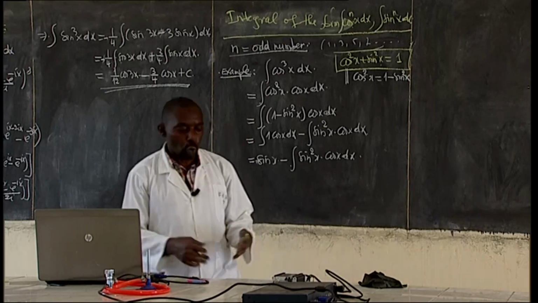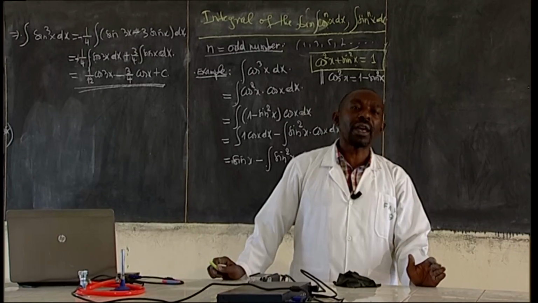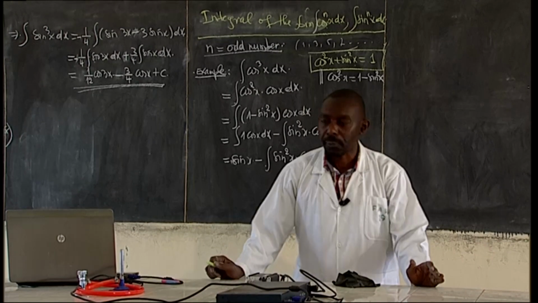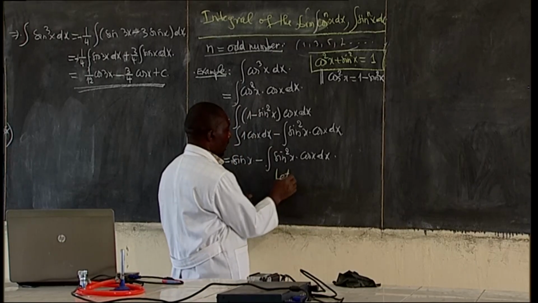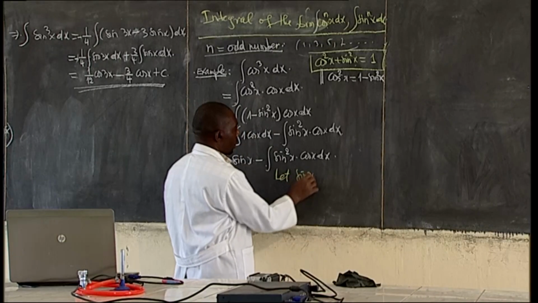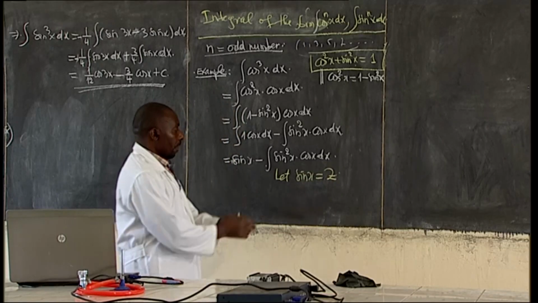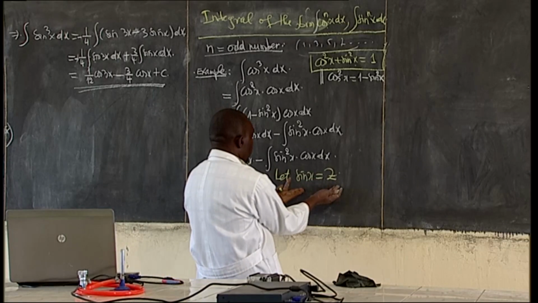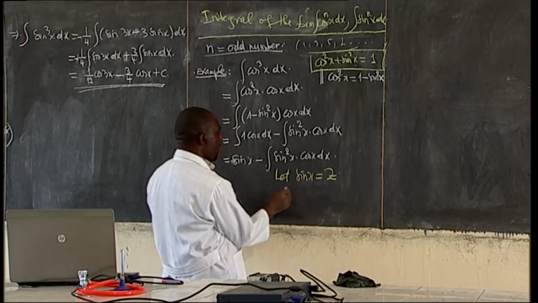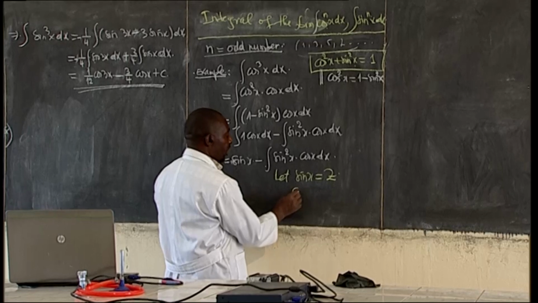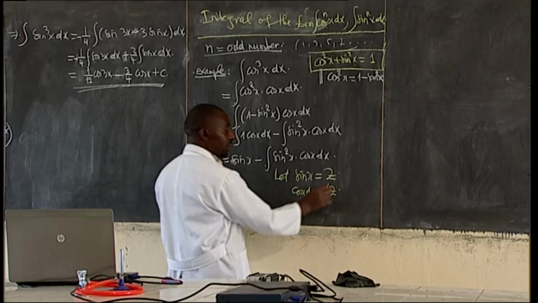Here I'm going to use the method of integration by change of variable. So we let sine x equals z, for instance. Differentiating both sides, of course, with respect to x and z, I'll be having cosine x dx, which is equal to dz.